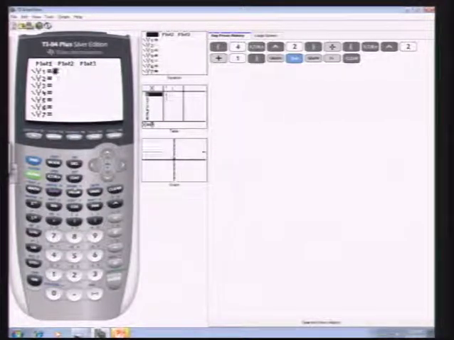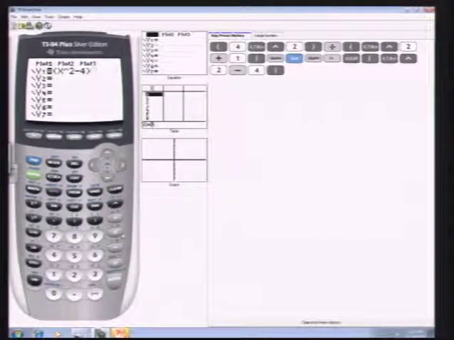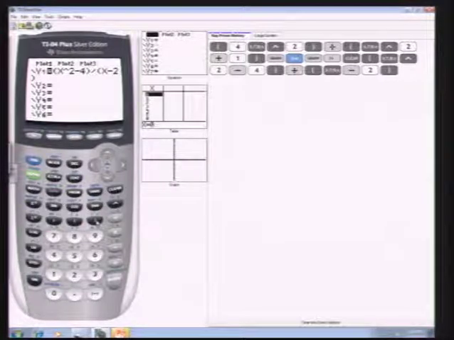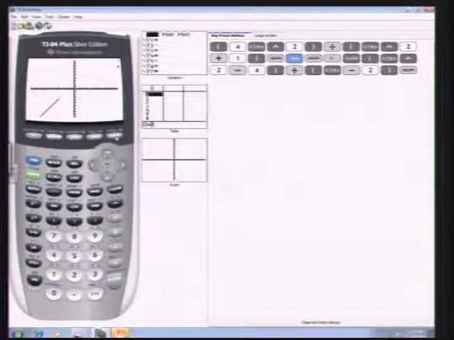So parenthesis for the numerator, x squared minus 4, x to the second minus 4, close parenthesis, divided by parenthesis for the denominator, x minus 2, close parenthesis. And let's have it graph.